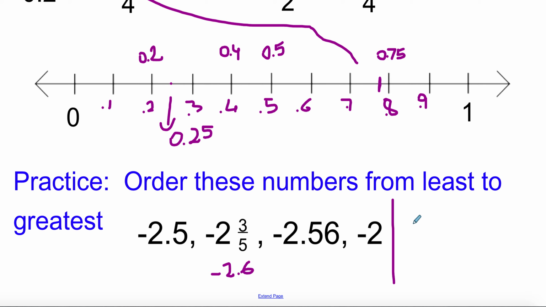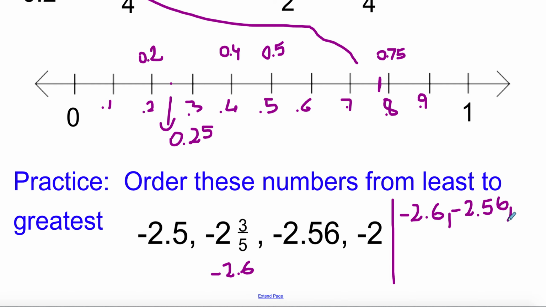After you come back, you can find the answers. So we start with negative 2.6, which is the farthest to the left, and after that comes negative 2.56. I hope you guys are getting this.